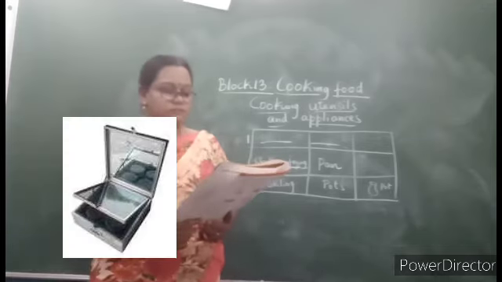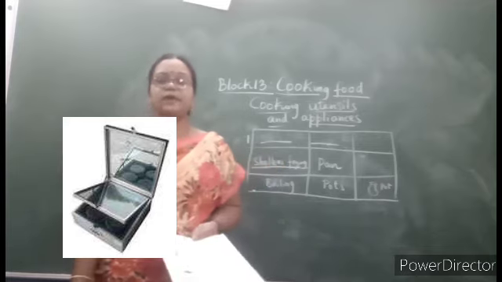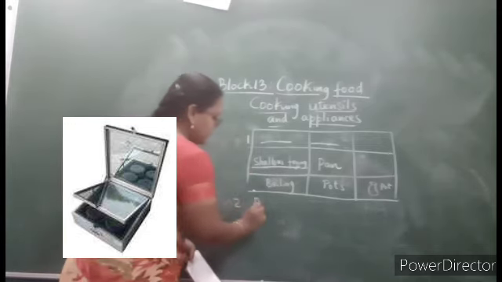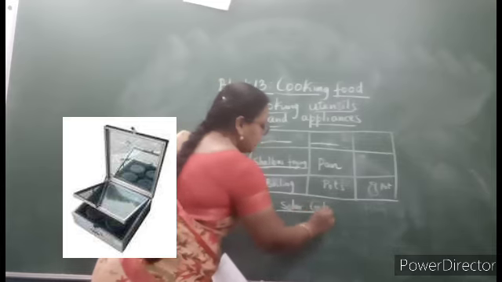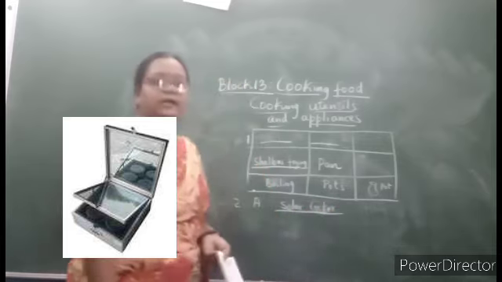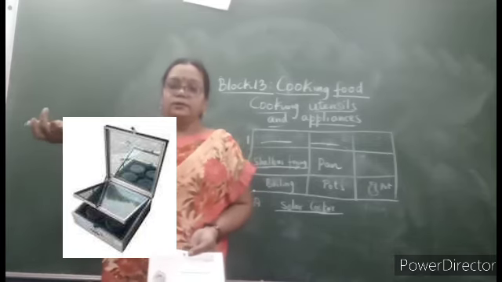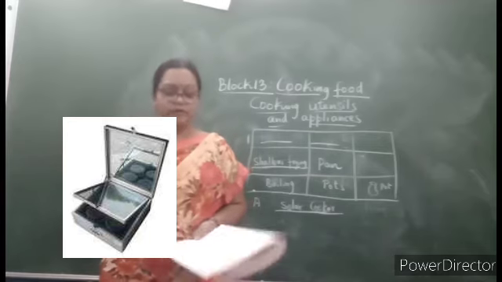Next is the second question you see here. Name the cooking appliance. Can you see what this appliance is? Very good. It is a solar cooker. So the second one, A, is a solar cooker. Does a solar cooker need any oil, LPG, gas, coal, or wood? So how does it work, children?